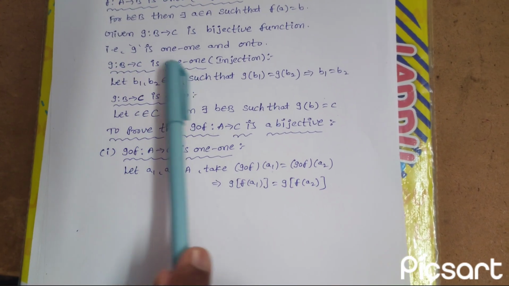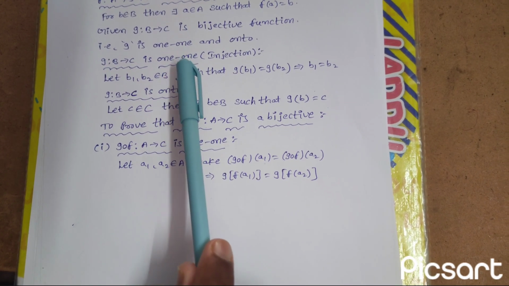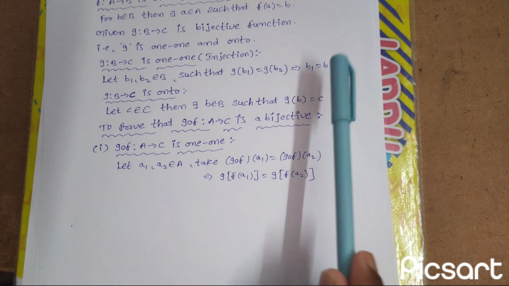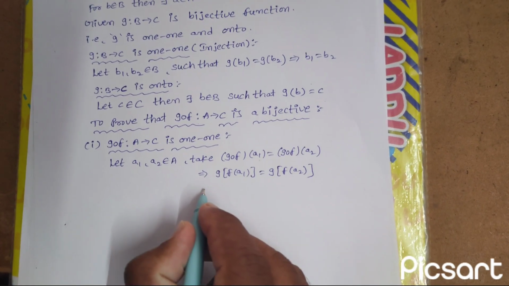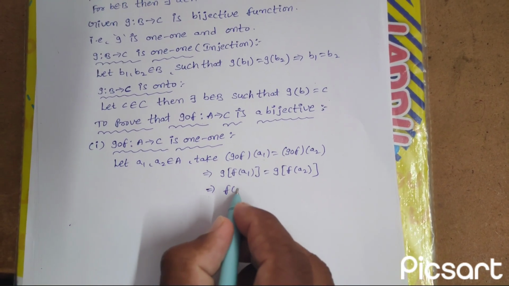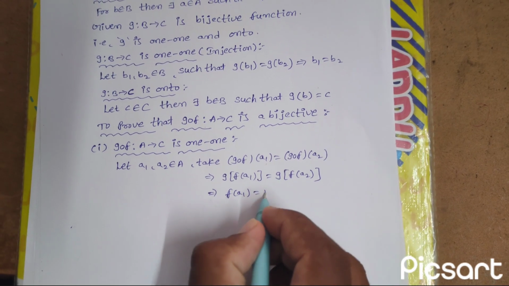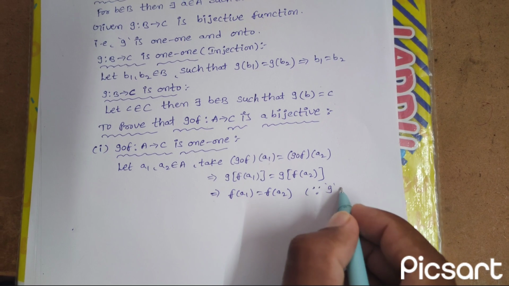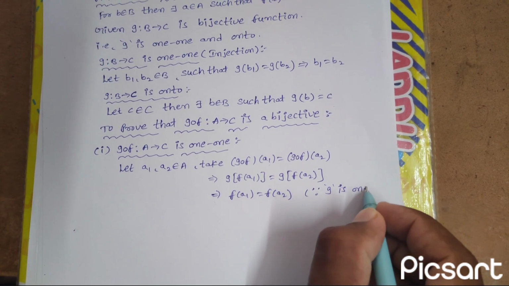Clearly here g is a 1-1 function. According to the 1-1 function definition, g of b1 is equal to g of b2 implies b1 is equal to b2. Here b1 is nothing but f of a1, b2 is nothing but f of a2. And also f is a 1-1 function.